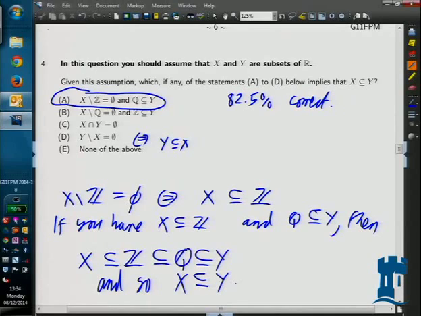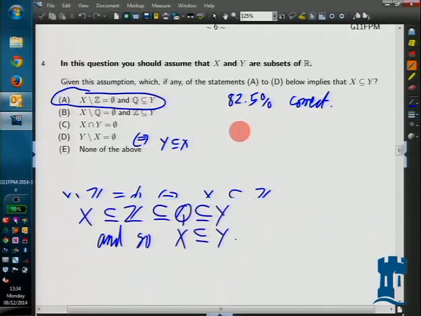And B, it's slightly wrong. B, x take away q being empty means that x is a subset of q, and then you've got z as a subset of y, means y's got all the integers in, and x is a subset of the rationals, but since a half might be in x, and a half might not be in y, you could give a specific counterexample.